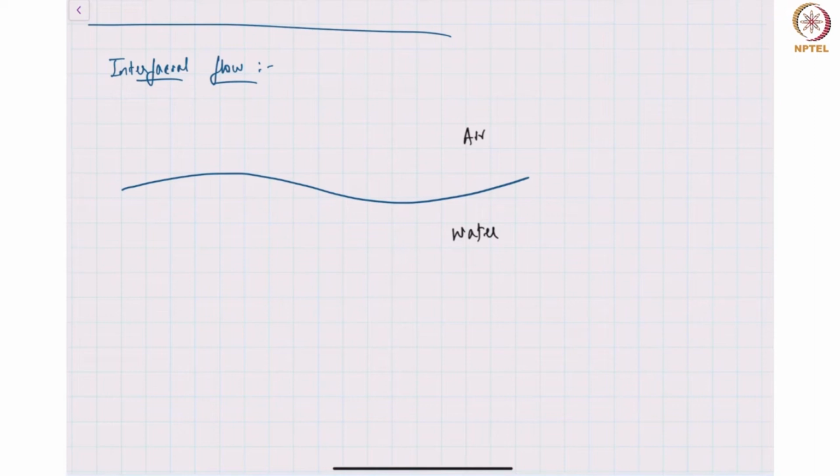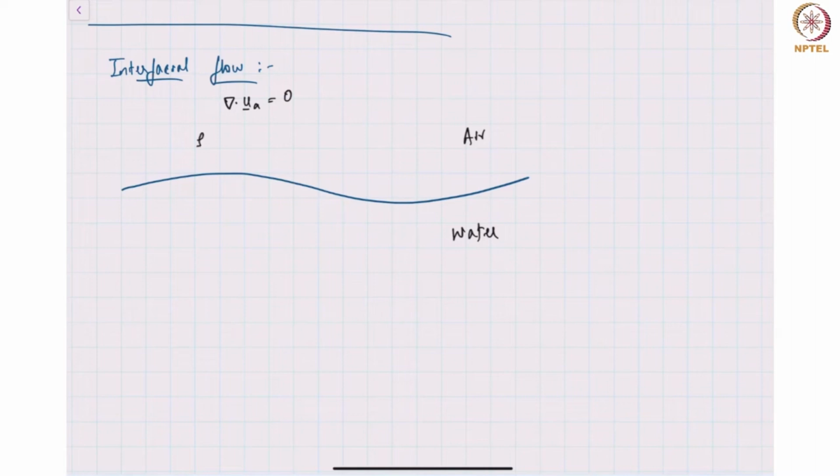Now in each of these fluids, the assumption is that whenever I have two fluids, each of the fluids is governed by incompressible Newtonian equations. So for example, for the case of air, I have del dot u of air is 0. The subscript A shows that it's air.